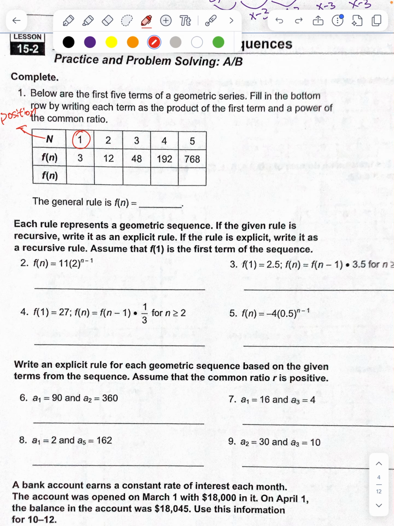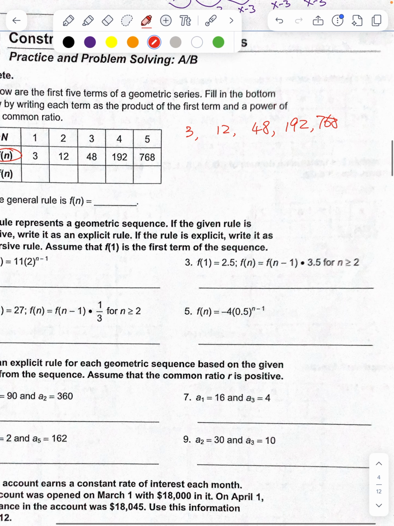Position number. For example, f of n means the term, the value of that term. So if I write out this sequence like 3, 12, 48, 192, 768, this is n equal to 1, position 1.